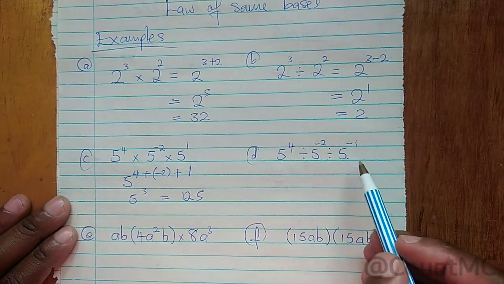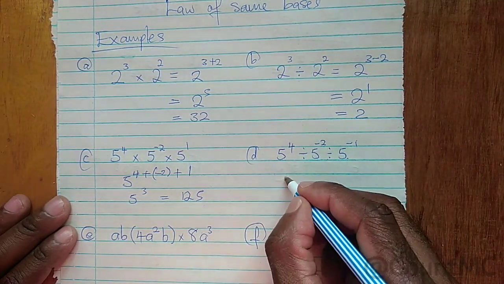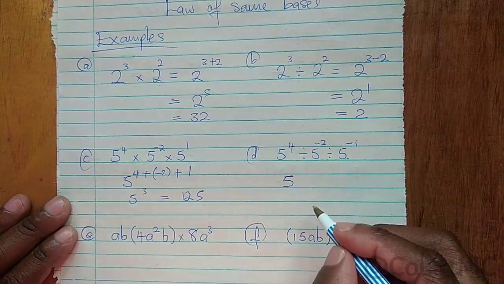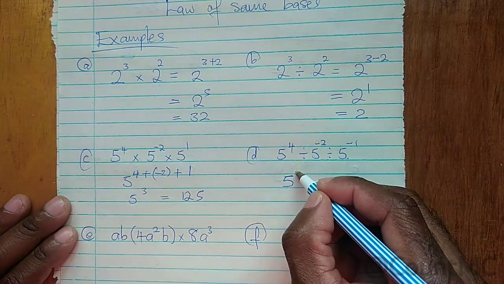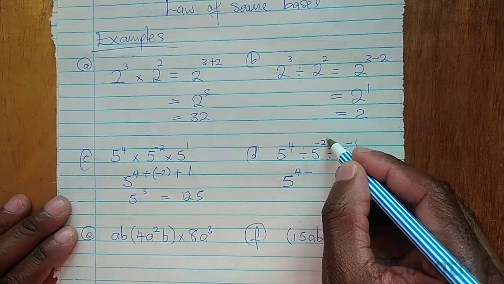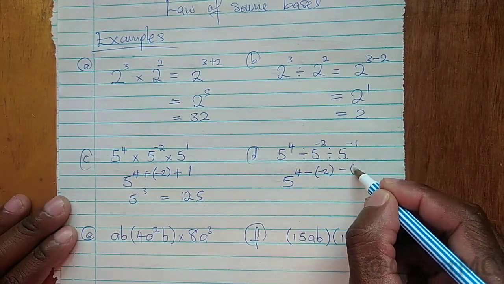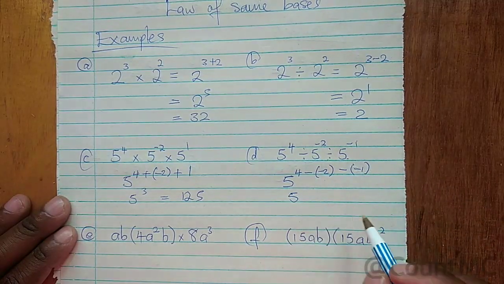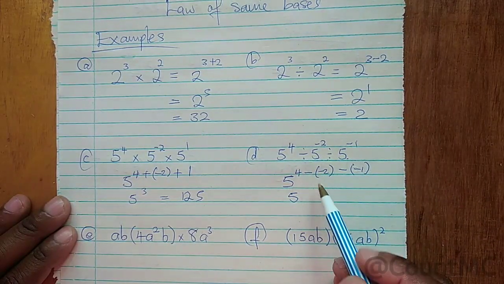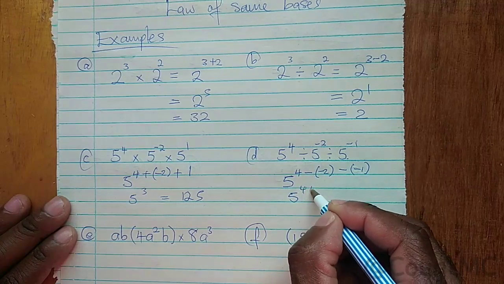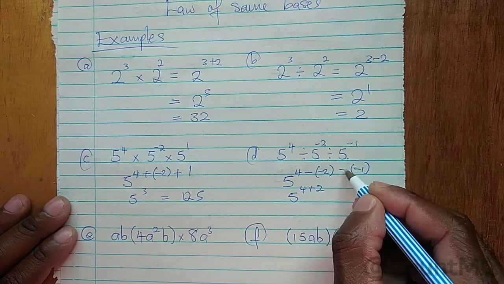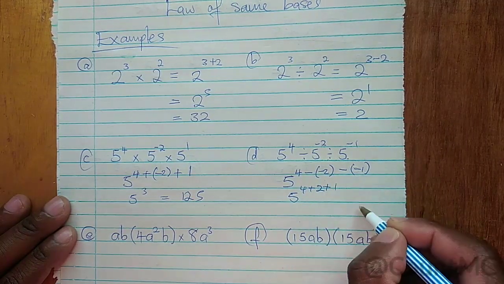Let's do the same here. 5 divided by 5 divided by 5. So the bases are the same, so you just write the base, then you subtract the powers. This is a 4 minus, you're subtracting a minus 2, minus, you're subtracting a minus 1. So this is 5 to the power, minus and minus, it's positive. So this is a 4 plus a 2, minus and minus is positive, plus a 1.